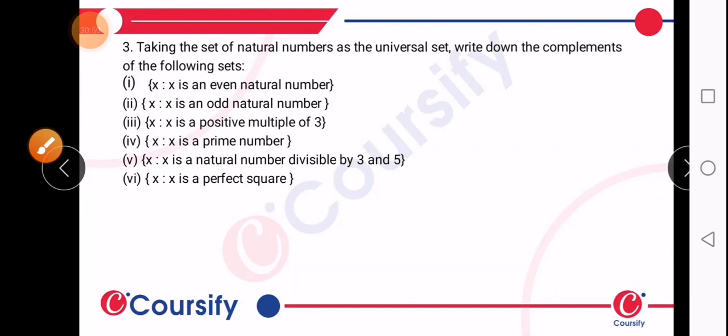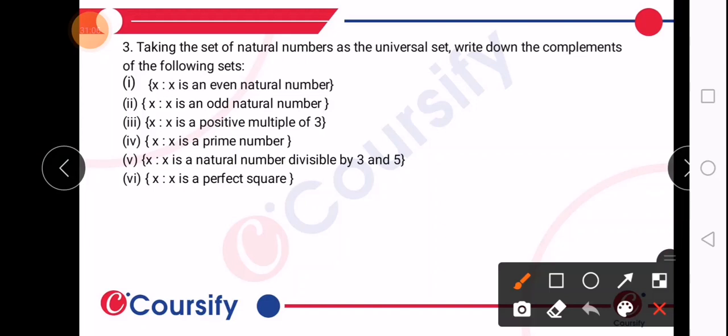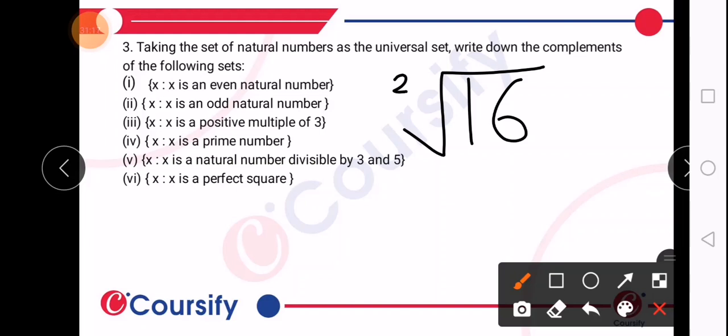If X is a perfect square. A number is said to be a perfect square when it has a number which, multiplied by itself, gives you that number. Let's say 16 is a perfect square. We call a number a perfect square when we take its square root and we get a rational number, that is 4.